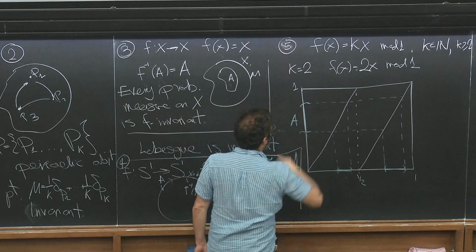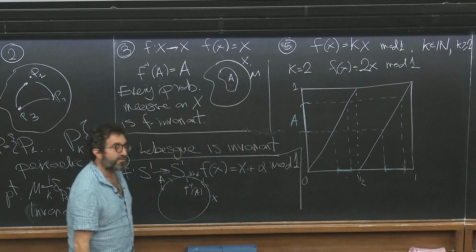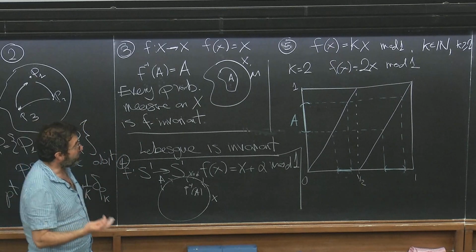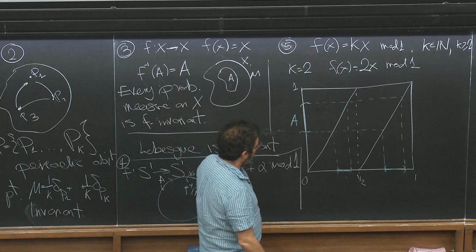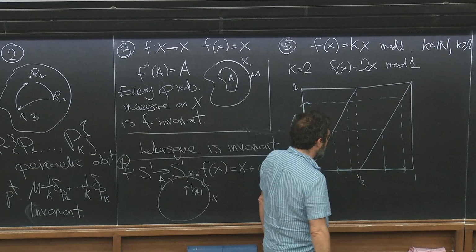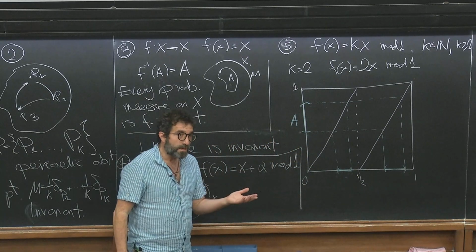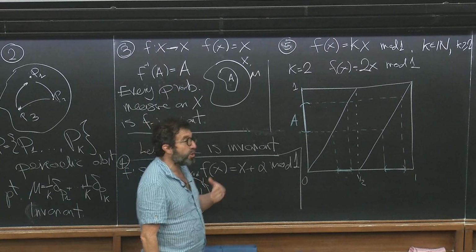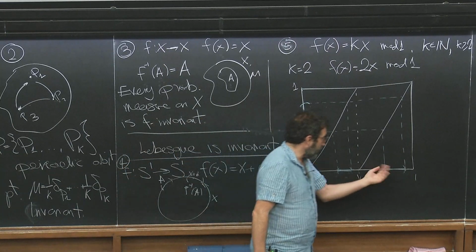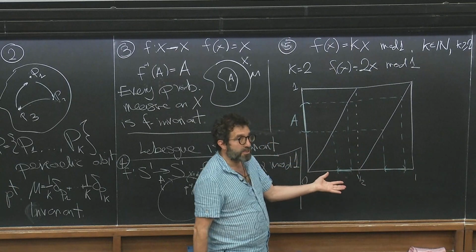Okay? And in these cases here, so let me call this actually example 4. This is example 5. In this case, also we have the coexistence of lots of measures. In fact, in this case, there are even more measures, which we're going to see probably next week, which are not on periodic points, which are not Lebesgue measure.